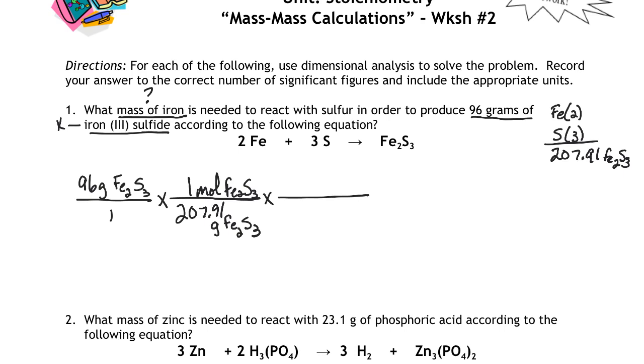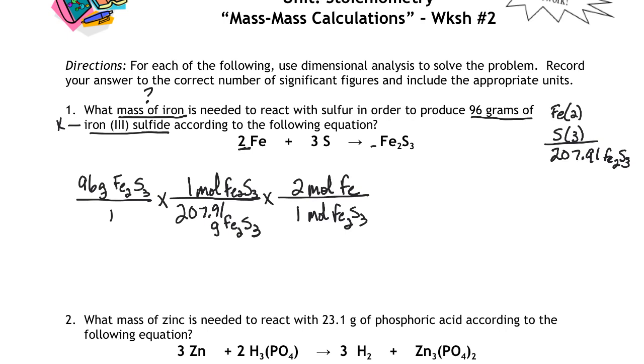So now I'm going to go to my equation and look to see what coefficient I have in front. Well, there's nothing there, so it must be 1. So 1 mole of Fe2S3. Now, there's 1 mole of that per 2 moles of iron. And again, I get that right from my equation here.